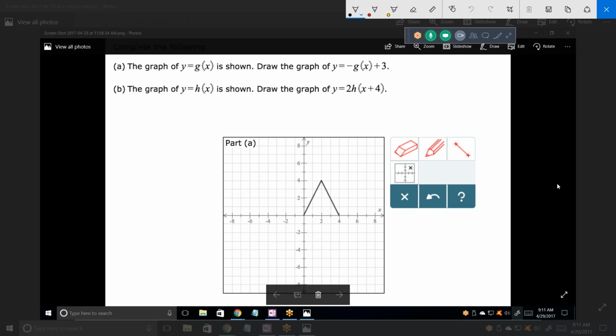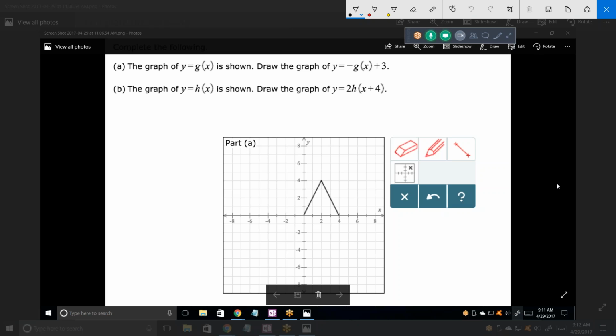All right. So here they're giving us the some function. They don't tell us what it is. We could figure out what it is, but we don't need to know. And they say draw the graph of negative g of x plus 3. Well, again, let's take these one at a time. Which one do we need to take first?